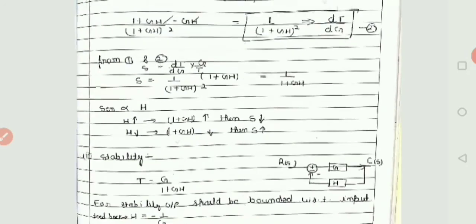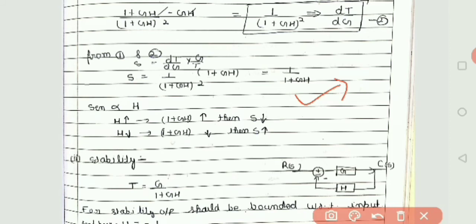If we combine equation 1 and equation 2 and put in the value of G over T, this term becomes 1 over 1 plus GH. So sensitivity is defined as 1 over 1 plus GH, and it depends upon the GH value.